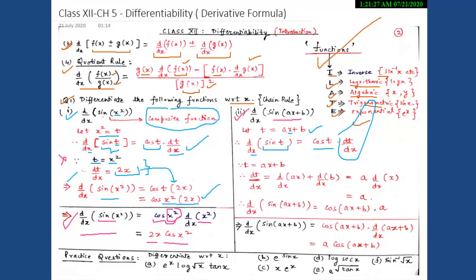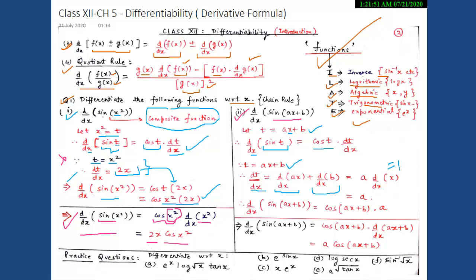And now since we have considered that t is equal to ax plus b, we will differentiate it with respect to x. Therefore students, we get dt by dx is equal to d by dx of ax plus d by dx of b. As I have already told you, here a is a constant, so a is taken as common and we will differentiate x with respect to x.